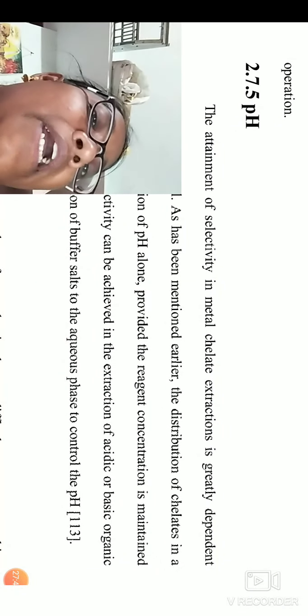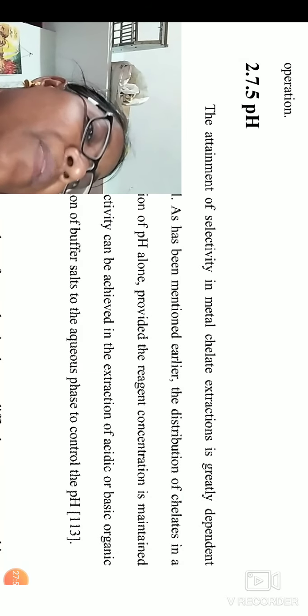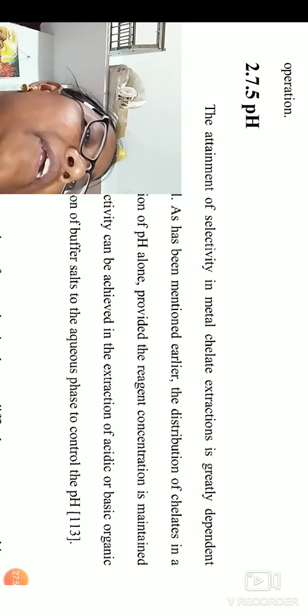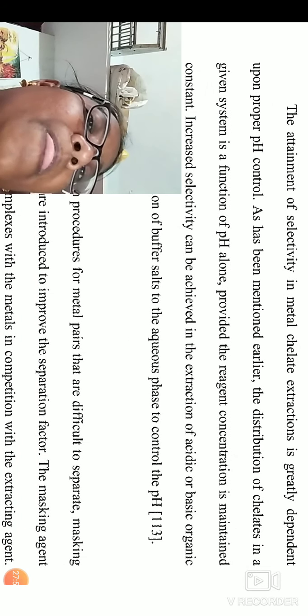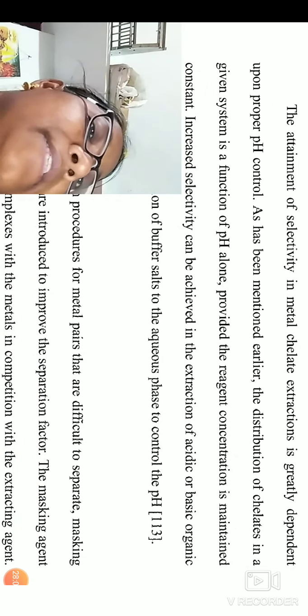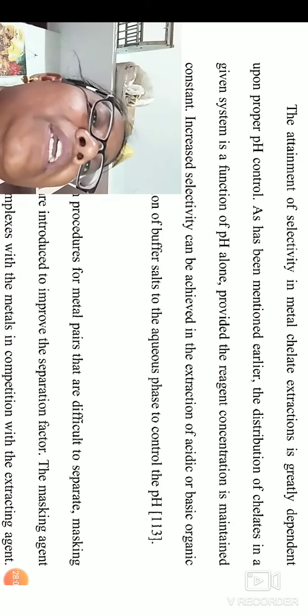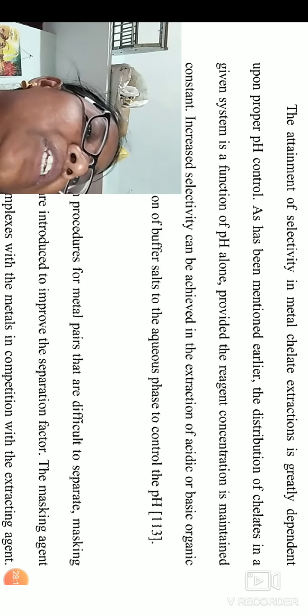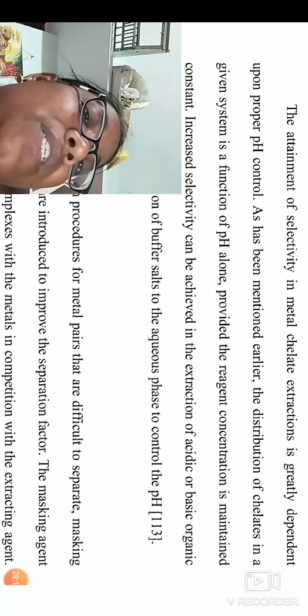Next, pH. The attainment of selectivity in metal chelate extractions is greatly dependent upon proper pH control. As has been mentioned earlier, the distribution of chelates in a given system is a function of pH alone, provided the reagent concentration is maintained constant.